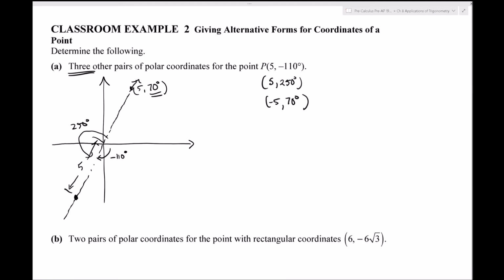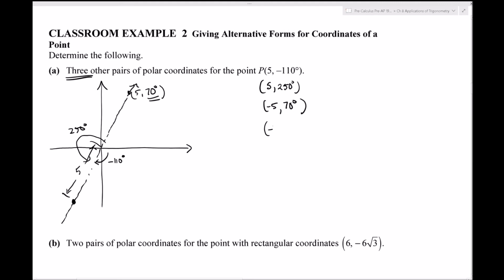What's another way? Let's keep it at negative 5, and instead of a 70-degree angle, we go backwards. Well, that's going to be tough to think of. If negative 5 means this way, how far this way?